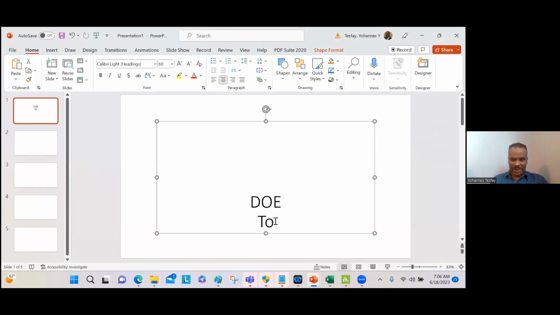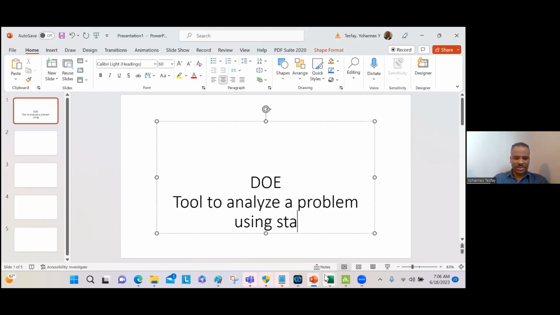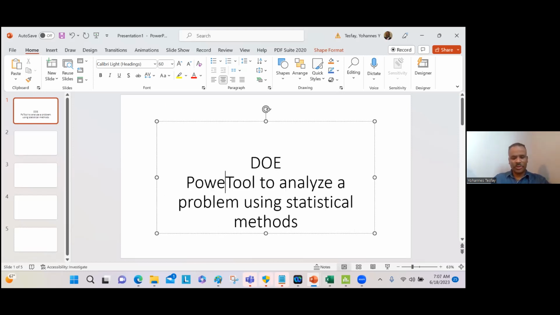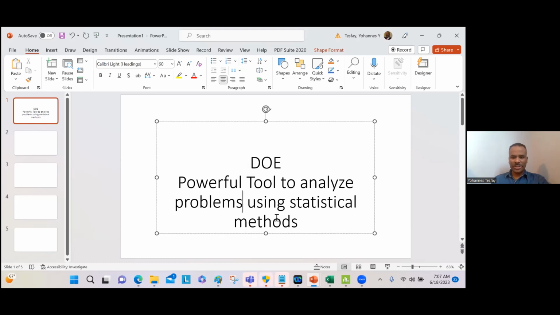It's a tool, a powerful tool to analyze problems using statistical methods.